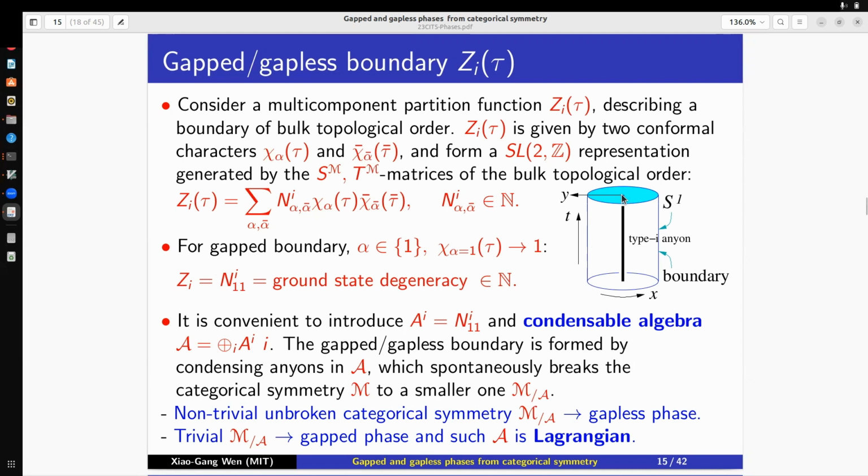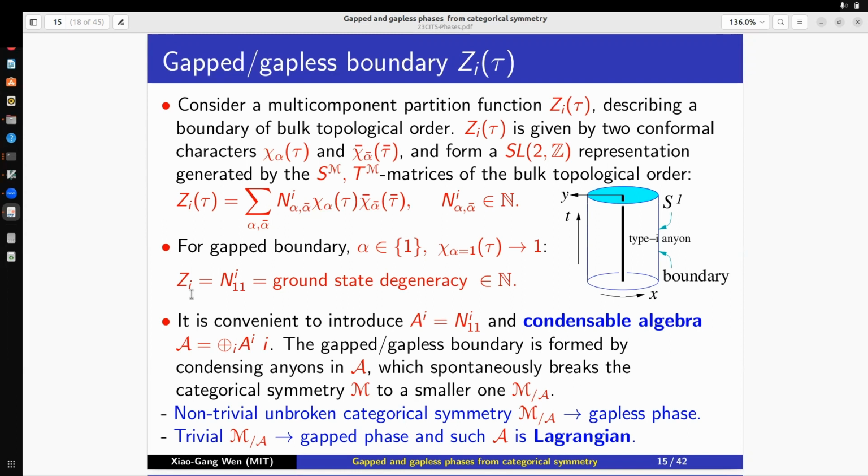I mean, the anyon created in the bulk cannot condense on the boundary, basically. It really means that. However, if the partition function is non-zero, it means that the corresponding anyon is condensing on the boundary. Then from this result, we see that for the trivial anyon, the partition function Z_1 should be equal to 1. It's always equal to 1. So that's the trivial sector.